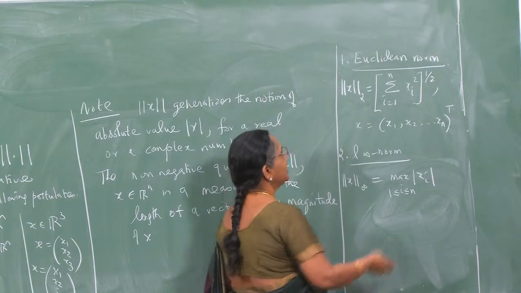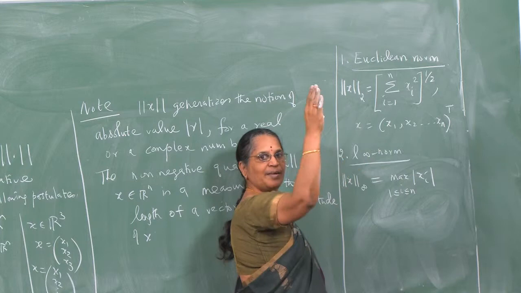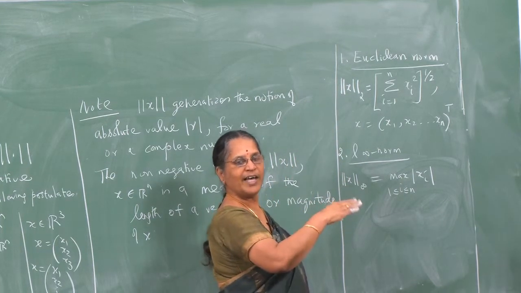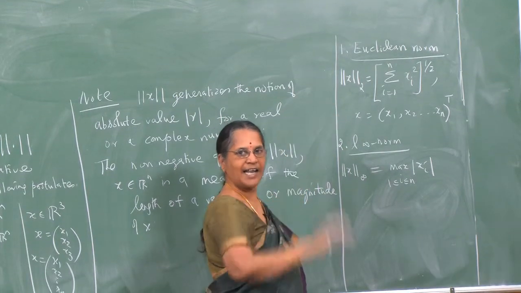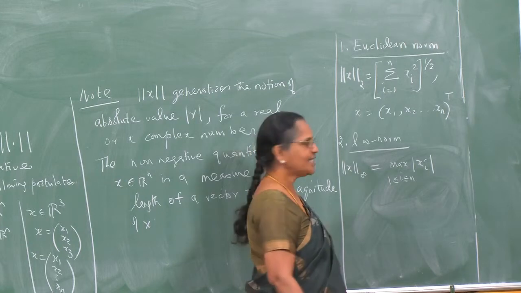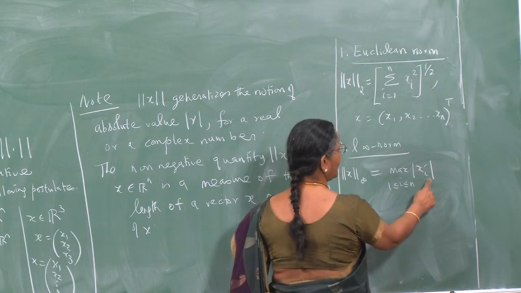What is it? Earlier I took it to be the distance of the point P from the origin, where the point P is in Rn. Now I take the norm as follows. It is the maximum of the absolute value of the xi.